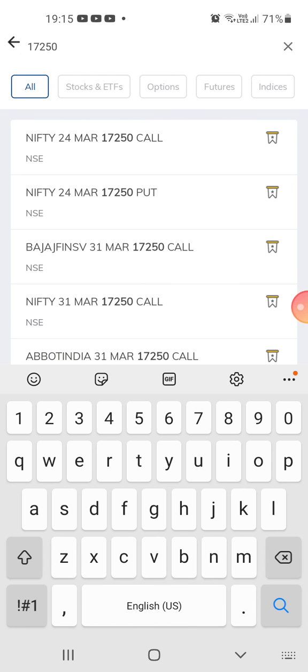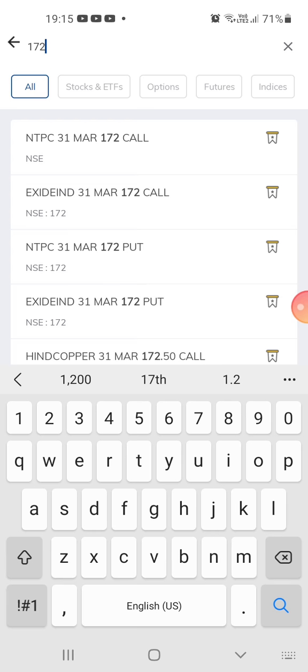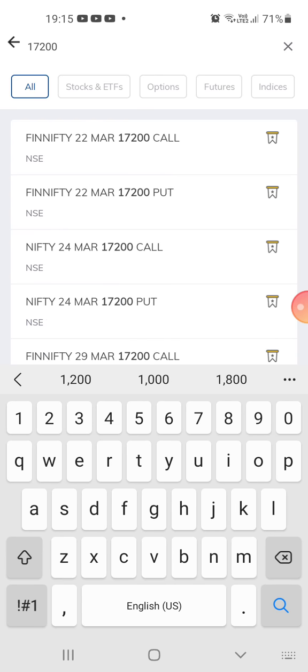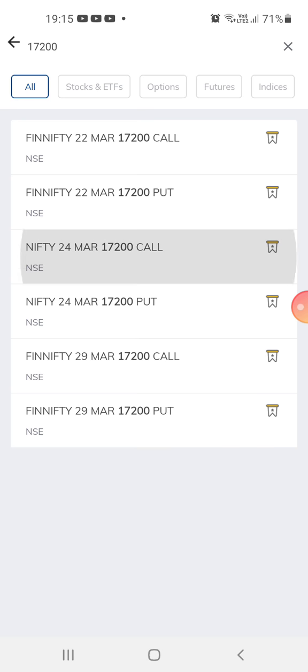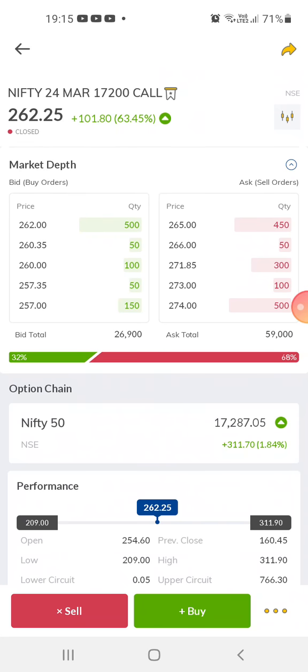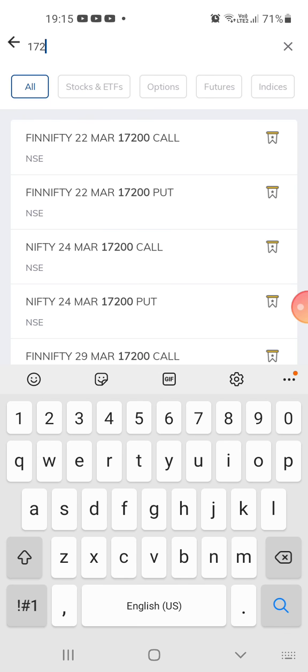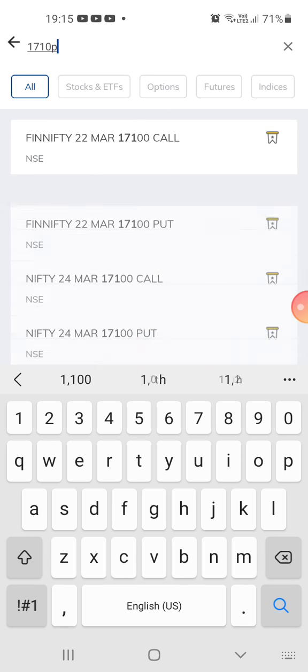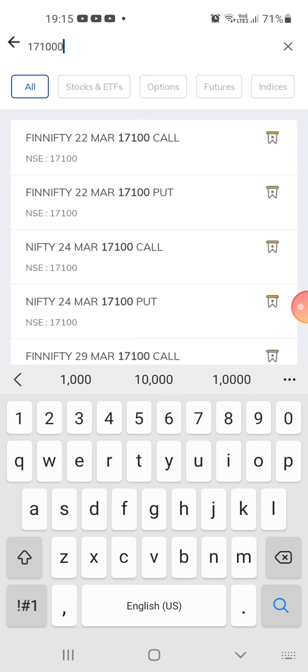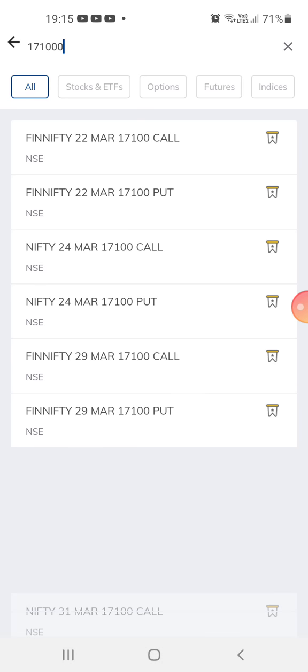And for in the money, you have to go to 200. If you go a little bit back, this is the in the money option, so it's 260 to 25. Or you can go to the 17,100 call option. So 17,100 call option is the in the money option.